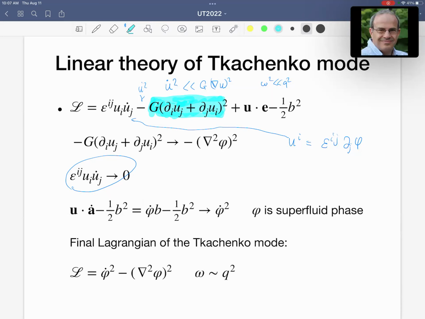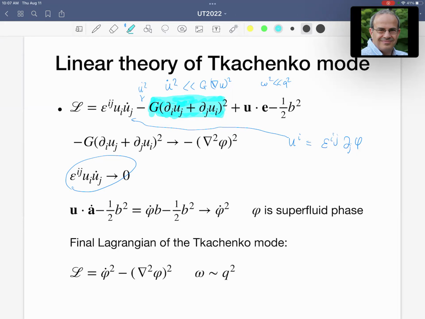Okay, but once you express everything in terms of u, you're going to lose now all the time derivatives. I'm not saying it's wrong. I'm just asking for better clarification. So if you tell me that in the end of the day, you find the Lagrangian at the bottom of the slide, I have no problem with that.